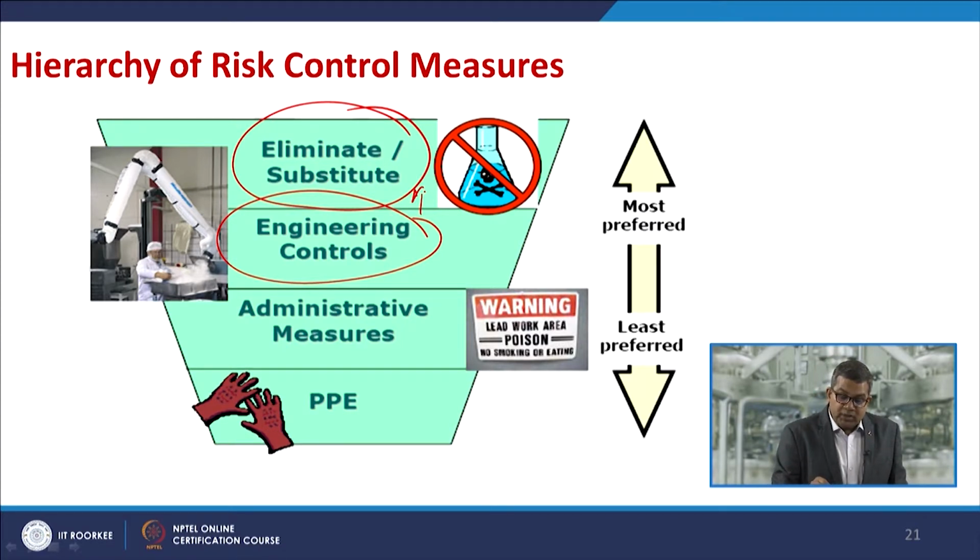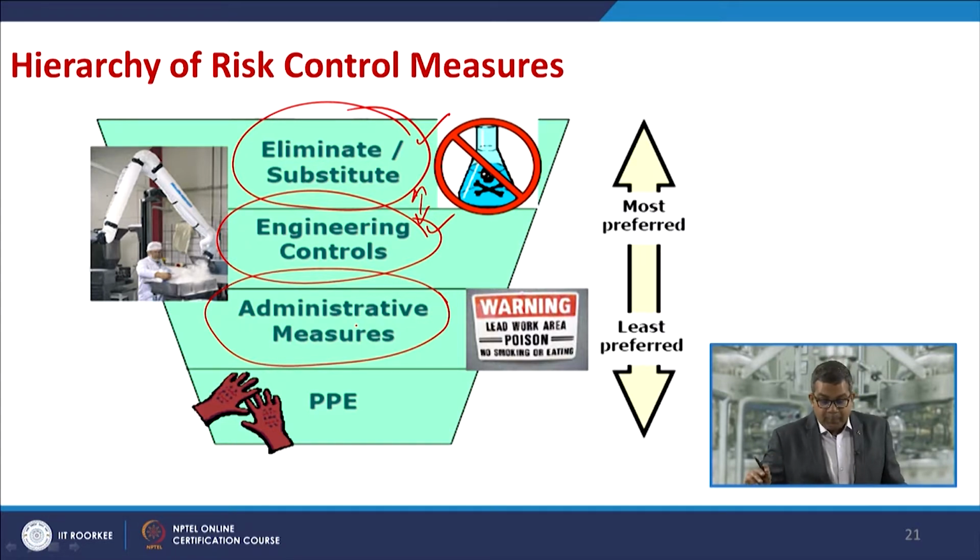Since these two are supplemented, then to implement all these things you must have administrative measures. Apart from these administrative measures, you must have administrative willingness to adopt all these types of protocols.